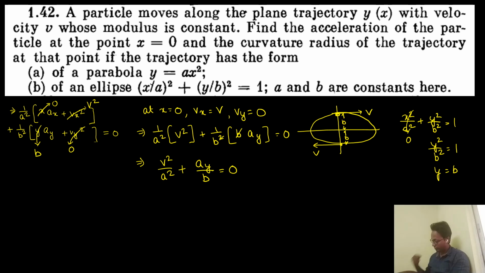And we need to find out the value of ay, or acceleration in y component. ay by b is equal to minus v square by a square, or ay is equal to minus b v square by a square.